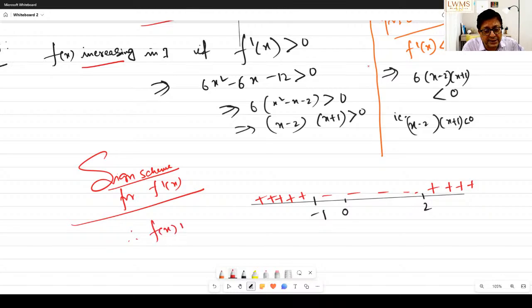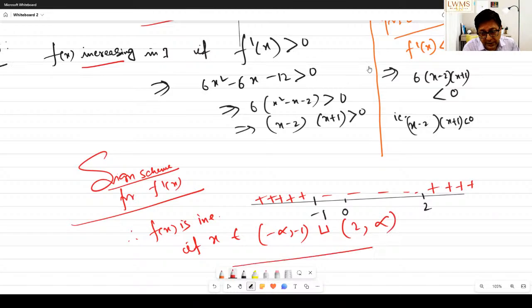Therefore f(x) is increasing if x belongs to minus infinity to minus 1 union 2 to infinity. Done.